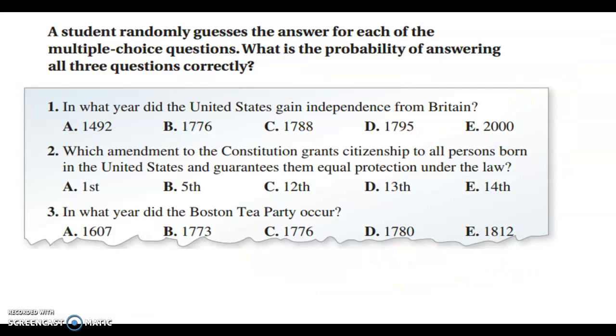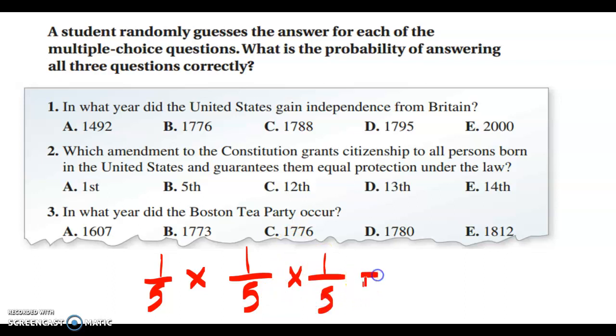All right. A student randomly guesses the answer for each of the multiple choice questions. Oh, you guys wouldn't do that. What is the probability of answering all 3 questions correctly? So if only one of these answers is correct out of 1, 2, 3, 4, 5 choices, you'd have a 1 in 5 chance of getting the first one, a 1 in 5 chance in the second one, and for the third one, it would also be a 1 in 5 chance.